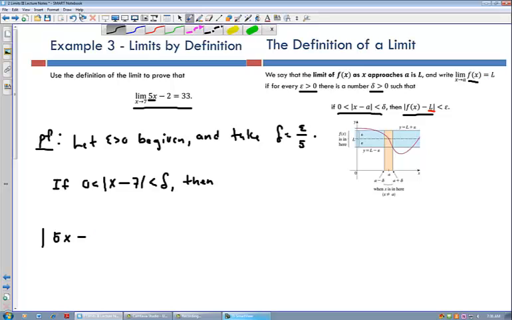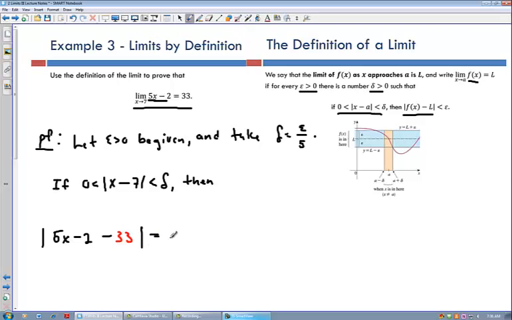So my function is not just 5x, it's 5x minus 2. So change that, 5x minus 2. And then we have minus, and here's the 33. Otherwise, this problem won't work out right, because the limit won't be 33.